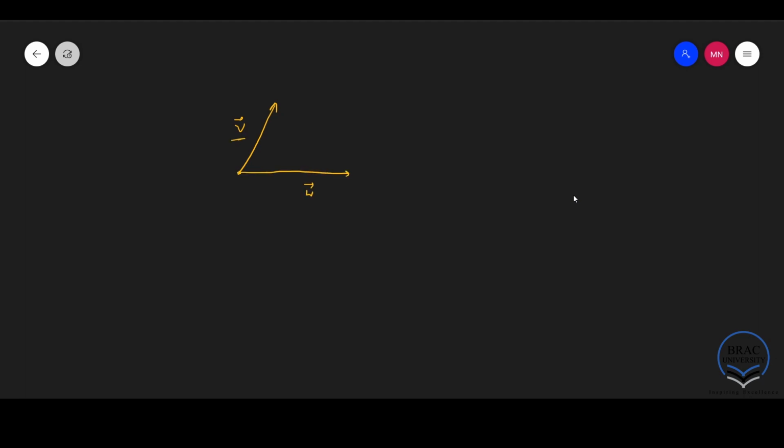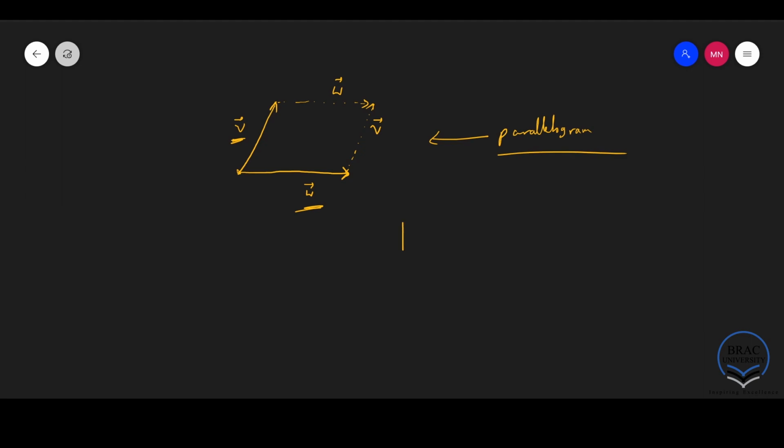Now if I translate this vector v from the tail end of the vector w to the front of the vector w, so that I have a vector here which is also v, and if I do the same thing for the vector w, if I translate it in this direction so that I have a vector like this which is also w, then these two vectors have now formed a parallelogram. We formed a parallelogram.